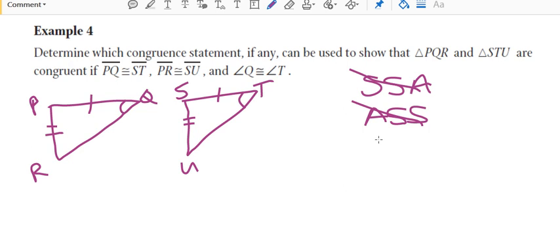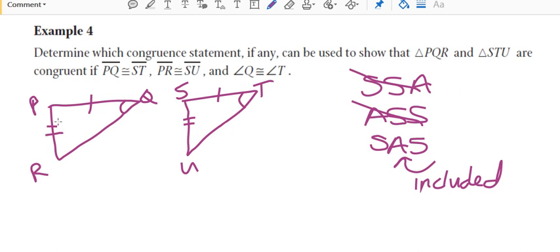So we need to see if this is side, angle, side. Well, let's think about side, angle, side. In side, angle, side, that angle has to be included. So it has to be an included angle. So if we look here, we have a side, and then we have a side, and then an angle. We don't have an angle that's included between two known sides. So again, same thing here.